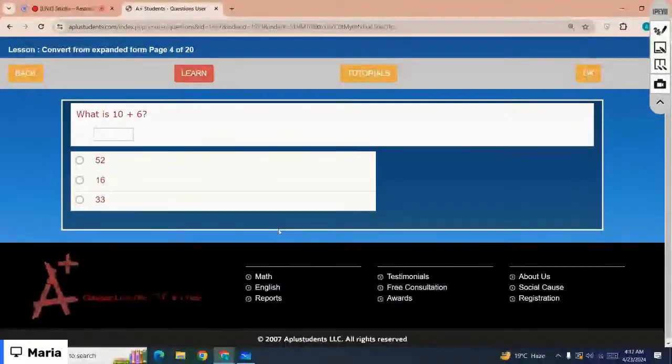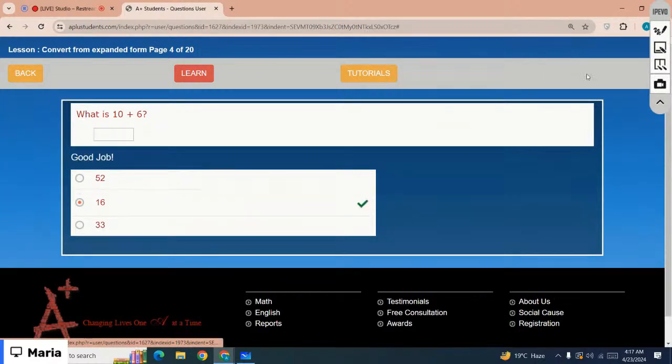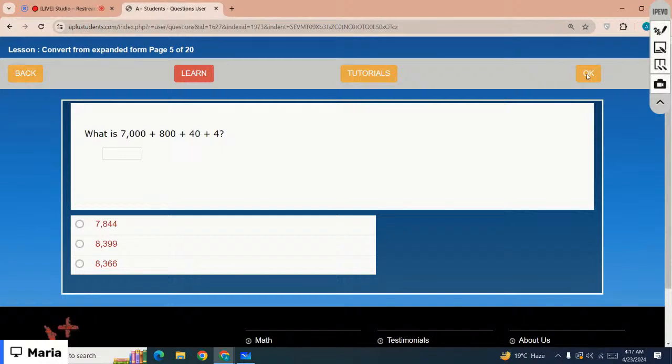The correct option is the second one, 16 it is, right? What is 7,000 plus 800 plus 40 plus 4?